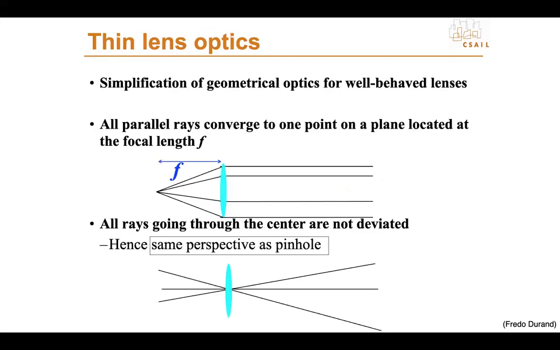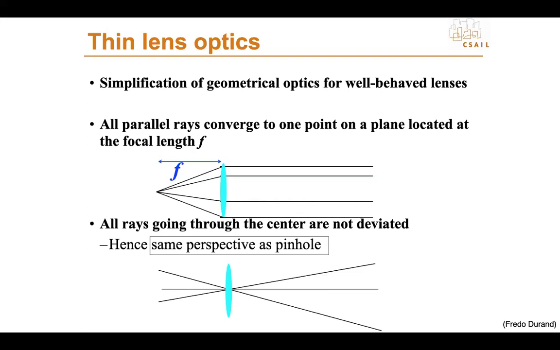But when you put a lens, we can use the simplest model of a real lens. We are going to use the model of a thin lens, and the optics of a thin lens is a simplification of the geometrical optics of well-behaved lens systems that we actually use in our cameras, right?